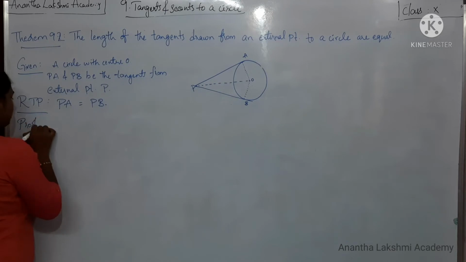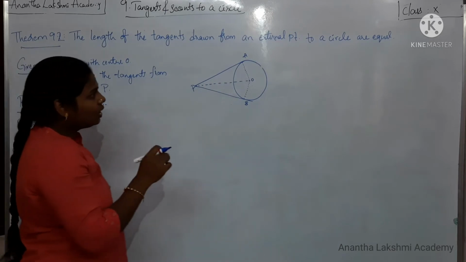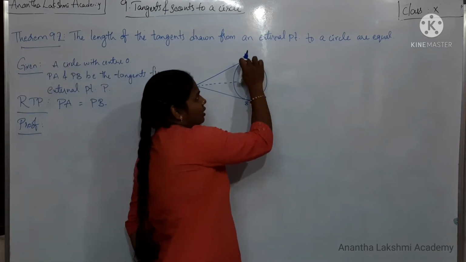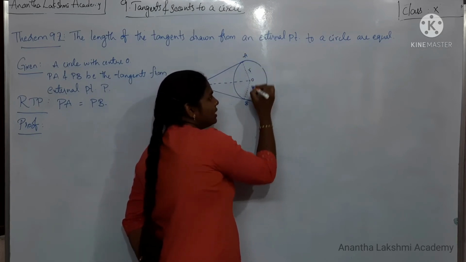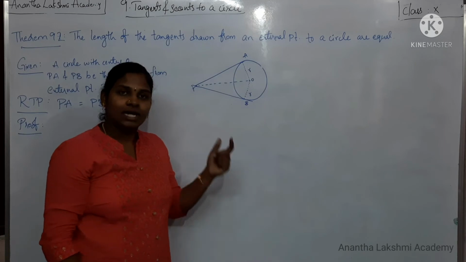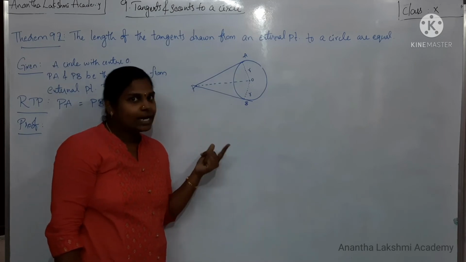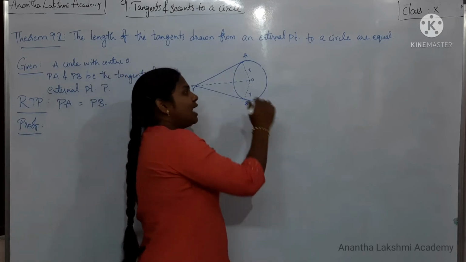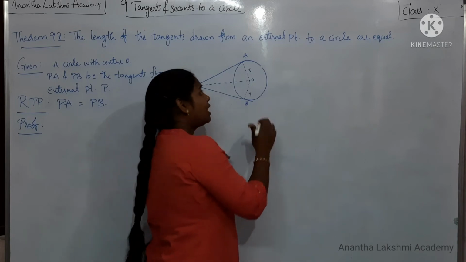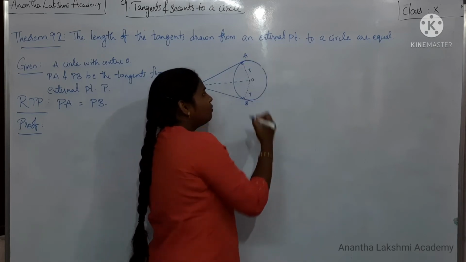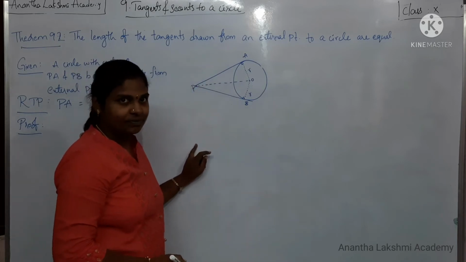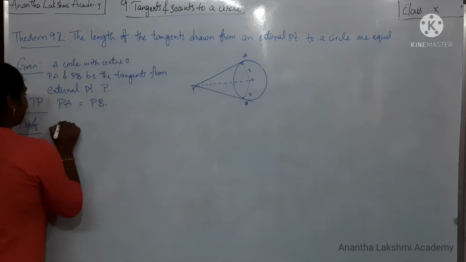Let's jump into the proof section. What did we do? We just joined OA and OB. We know that OA is a radius, OB is a radius. Nothing but from the center to any point on the circle is radius. And we just figured out from theorem 9.1 that radius makes a right angle with the point of contact. Isn't it? So let us write the same.